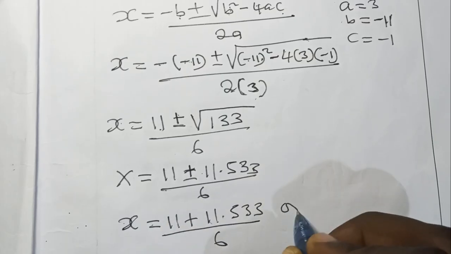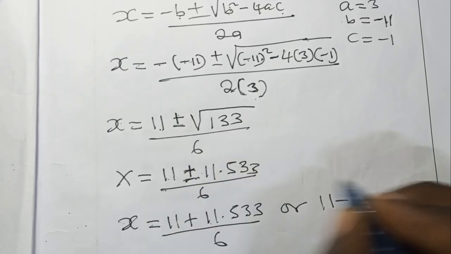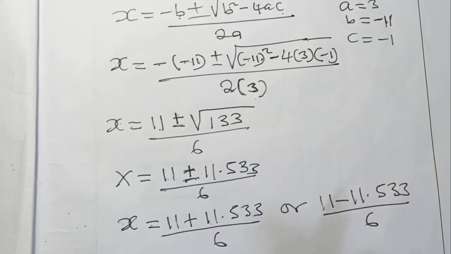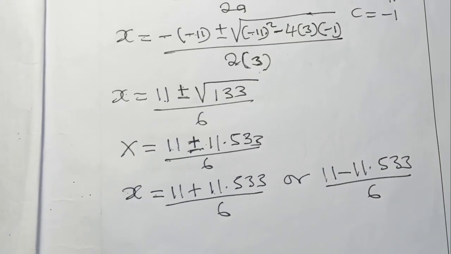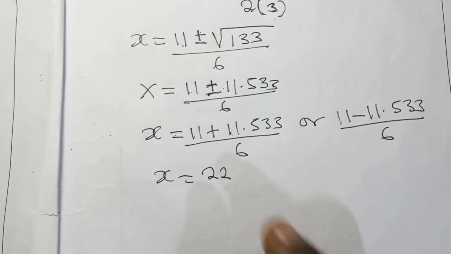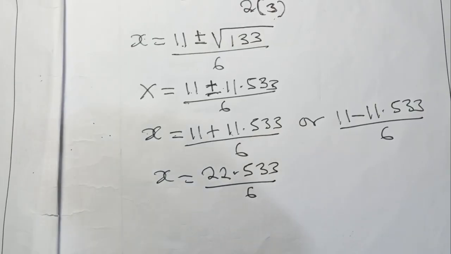The other one is 11 minus 11.533 over 6. So 11 plus 11.533 gives 22.533 over 6.